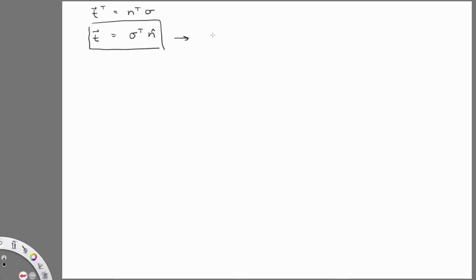This thing is called the Cauchy stress equation. And in indicial notation, we might write Ti is equal to sigma Ji nj.